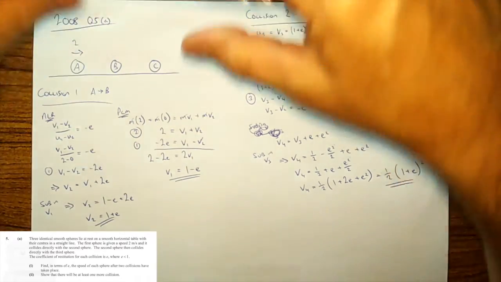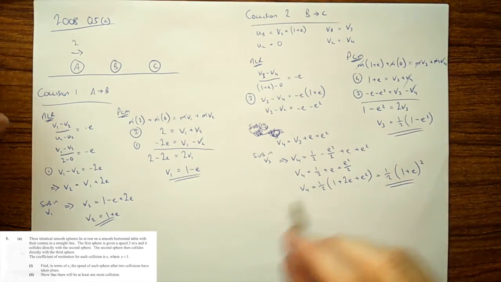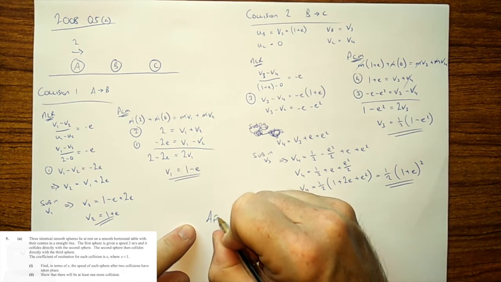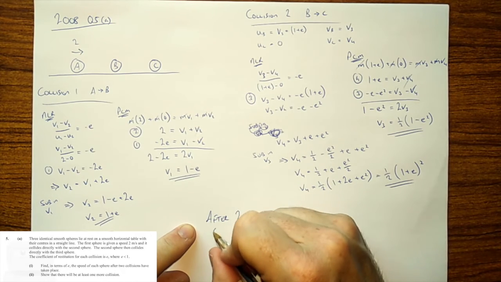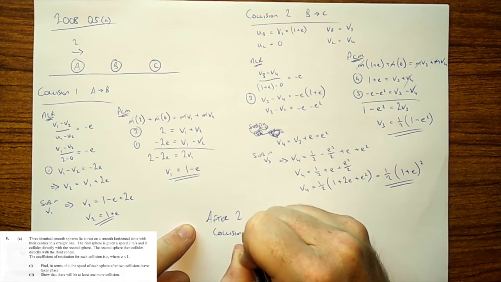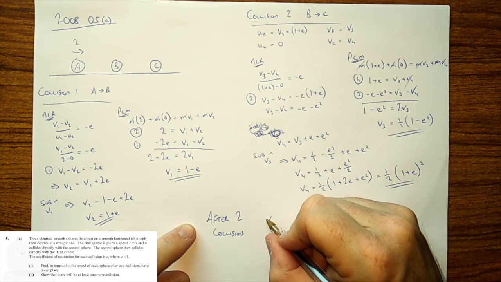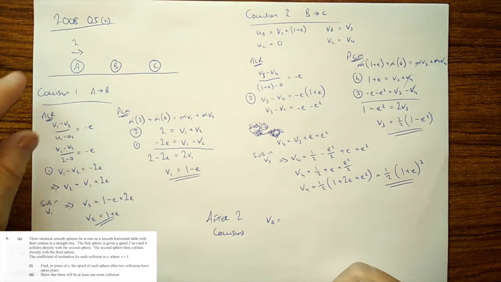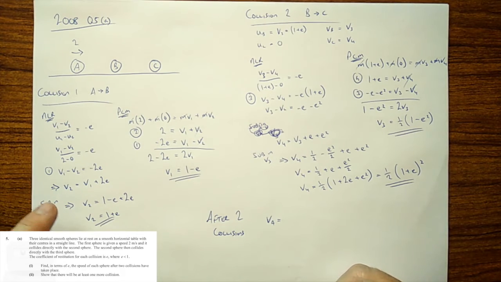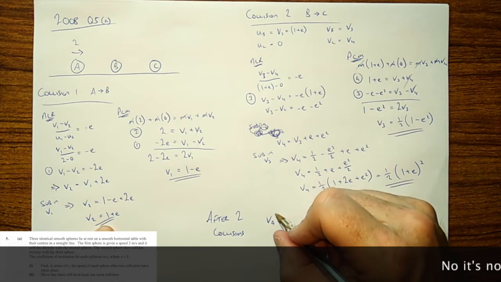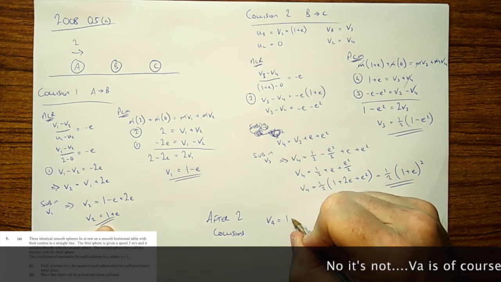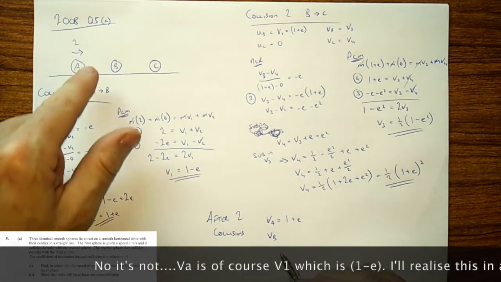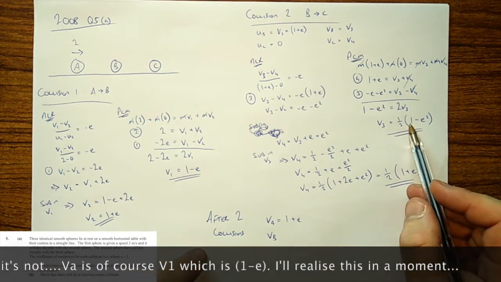So after each collision, after 2 collisions, VA is going to be up here, 1 plus E. VB is going to be V3 over here.